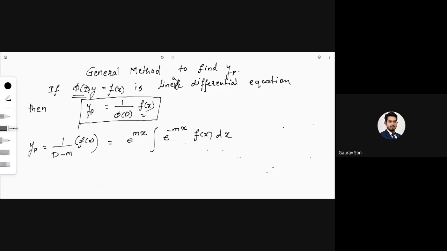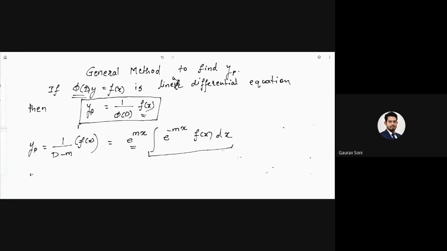So how the operator 1 upon d minus m operates on the function f of x is: e to the power mx outside the integration, and the integral of e to the power minus mx f of x dx. You find this integral, multiply it by e to the power mx, and that is your particular solution, or yp, which is also called the particular integral.